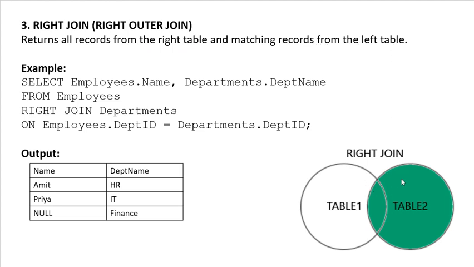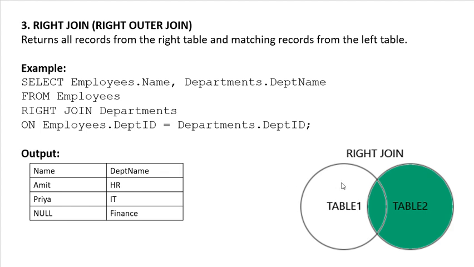This image shows that all the data from table 2 is shown, along with matching data in both tables. As an example: SELECT employee.name, department.department_name FROM employee RIGHT JOIN department ON employee.department_id = department.department_id; And so the output is employee names and department names.